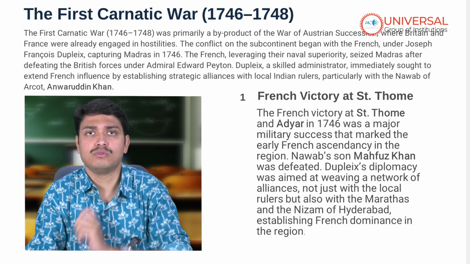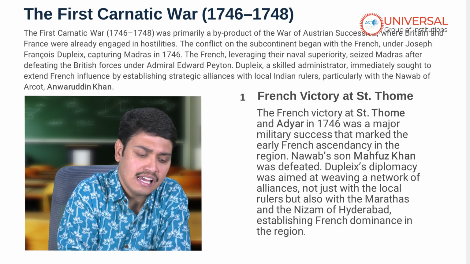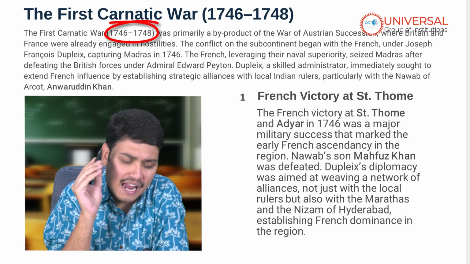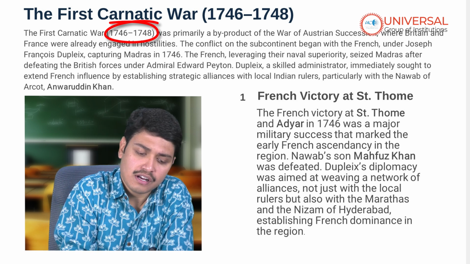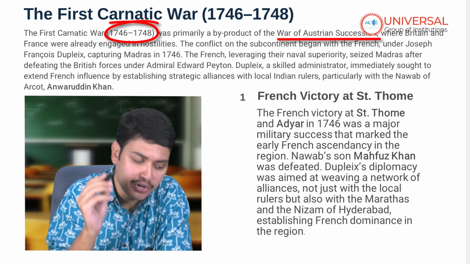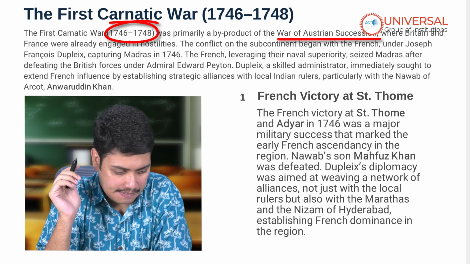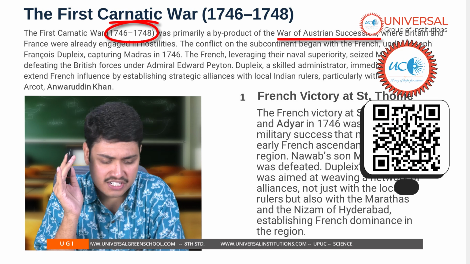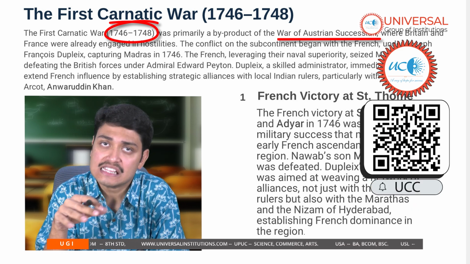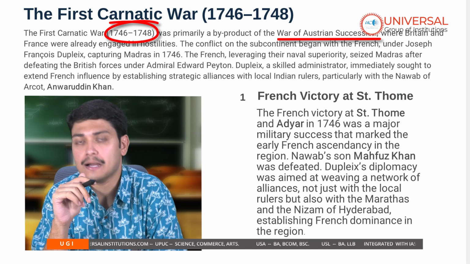Now, coming to the next slide, the First Carnatic War took place in 1746. It was primarily a byproduct of the War of the Austrian Succession, where Britain and France were already engaged in hostilities. This conflict extended towards the internal conflicts going on in southern India.